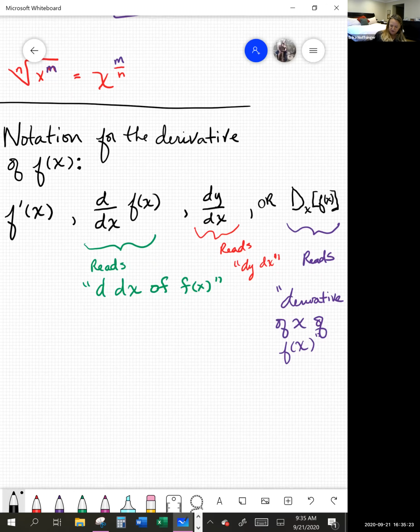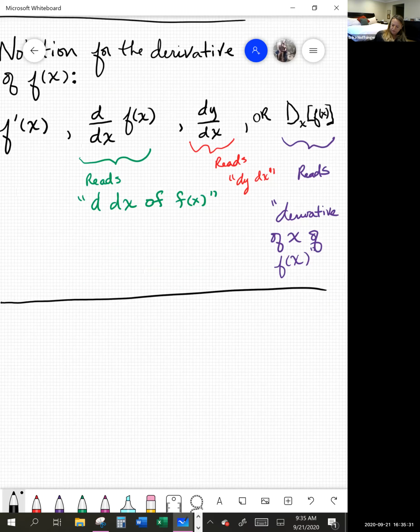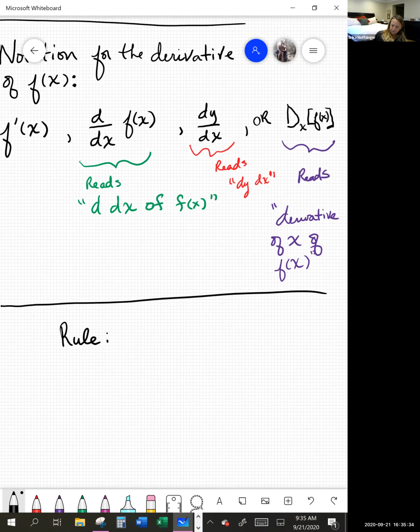So now there's another rule of derivatives. So let's say f of x is equal to some constant k times f of x to the nth power. Then this is equal to k times f of x.